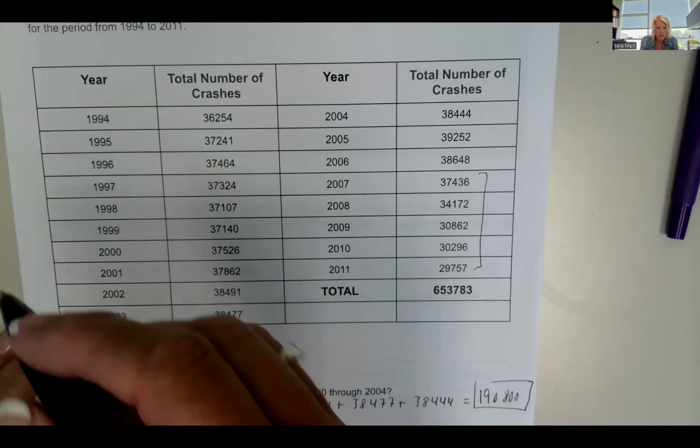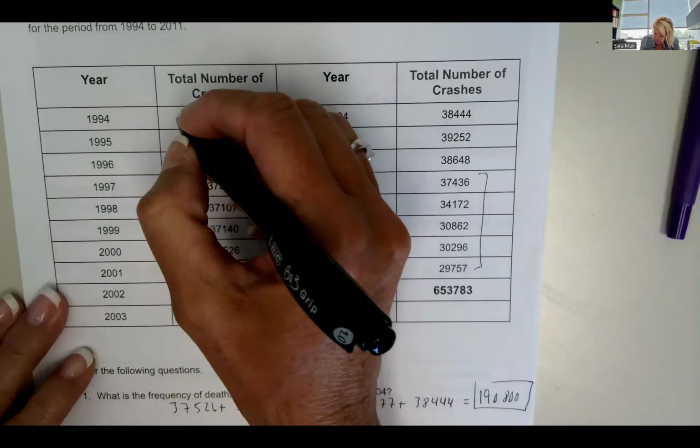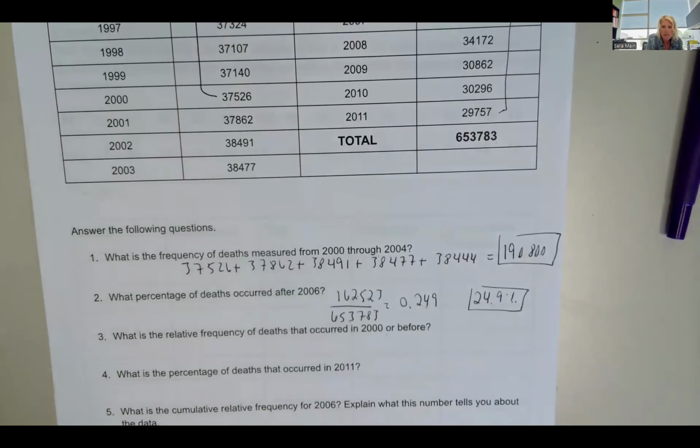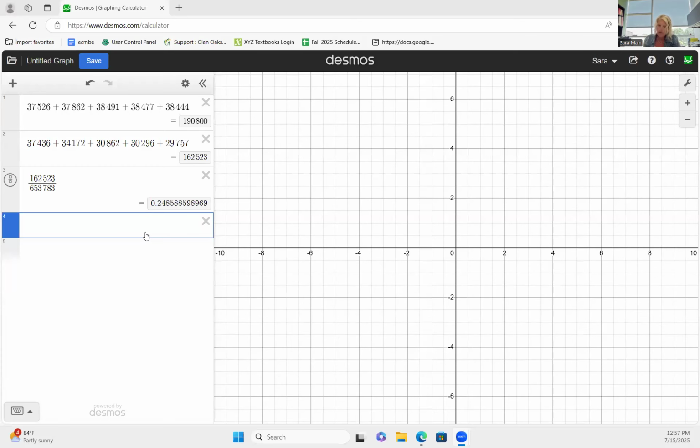So we're going to add up all of these, and we want to know the relative frequency, so that's going to be the percentage again. 2000 or before. 36,250, 37,37.